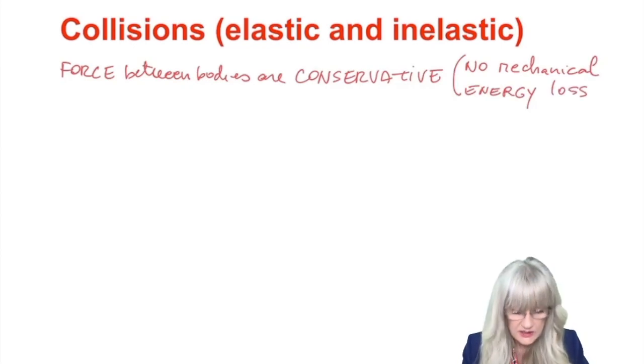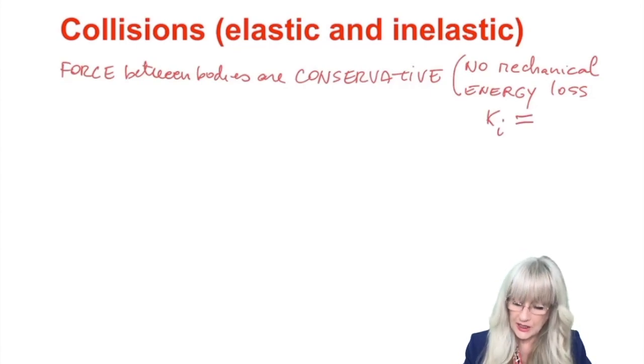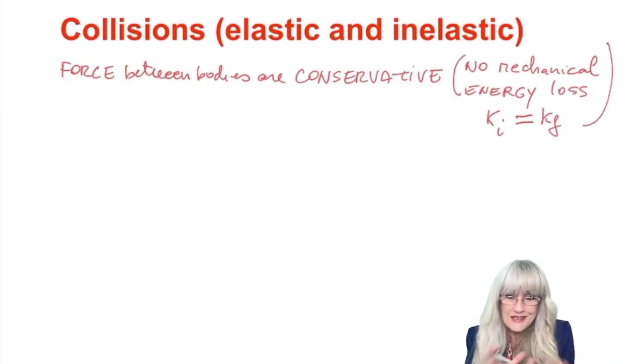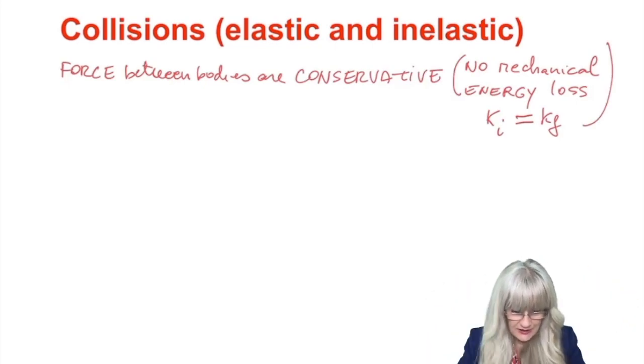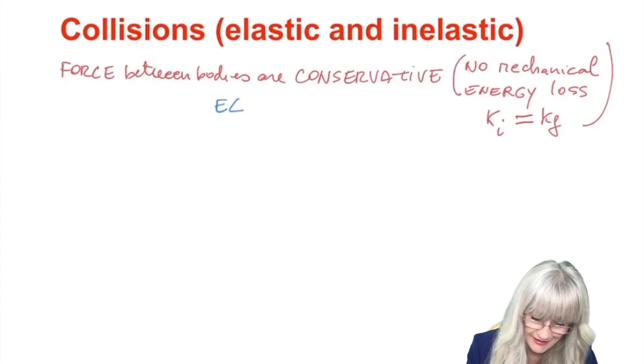What does it mean in simple words? That your kinetic energy initial is exactly equal to your kinetic energy final. So conservative, nothing is lost in this mechanical energy. In this case, welcome, you are in an elastic collision.